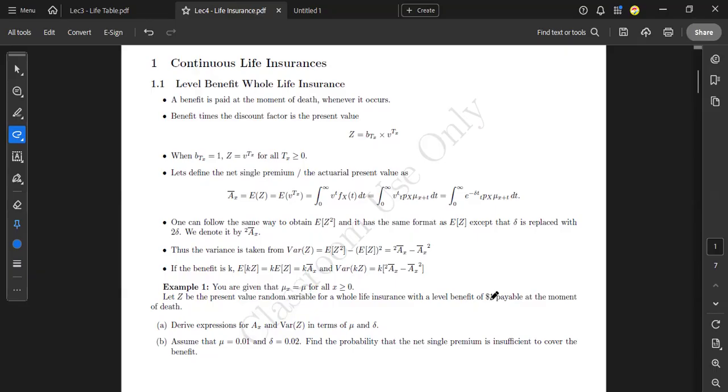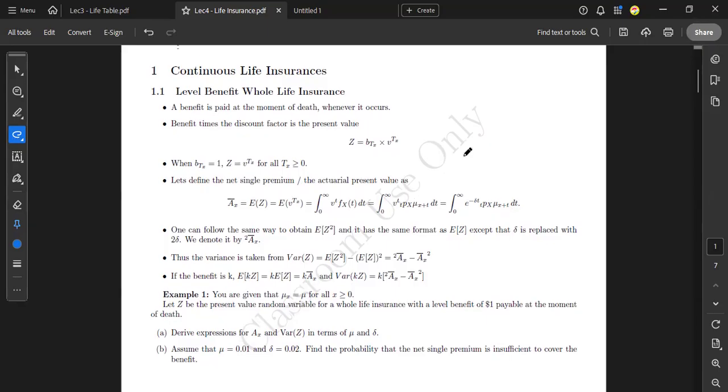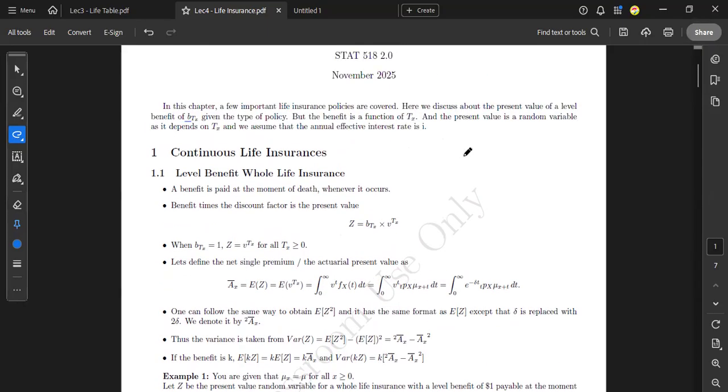There I mentioned we will use the present value random variable in life insurance and also annuities. So now we need to use that part, because I can take the same example I mentioned.